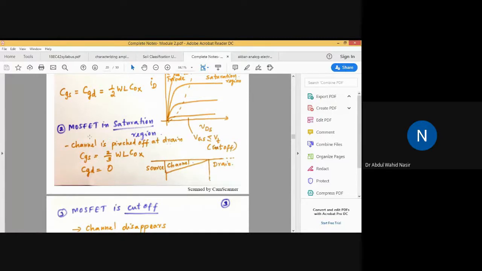As a result, in the saturation region the value of CGD, the capacitance between gate and drain, will be zero, but the capacitance between gate and source will be 2 by 3 into W into L into COX. Again, I'm telling you that you need not derive all these relations.